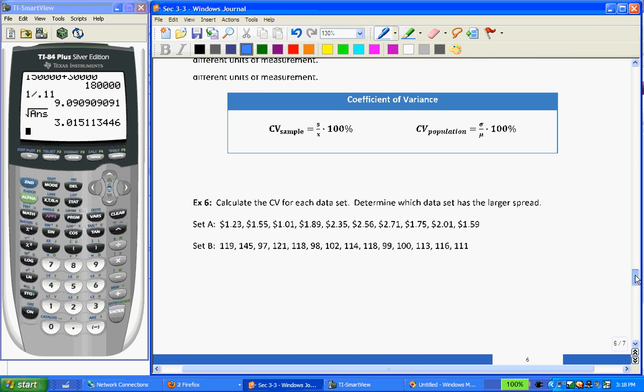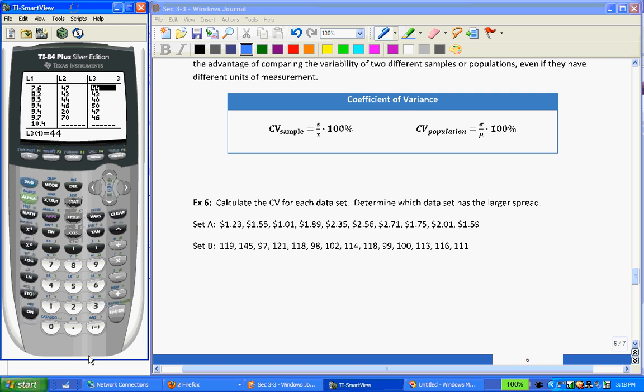So I'm going to go ahead and put this in my calculator like before using my stat edit feature because it'll give me the mean and standard deviation right away. And remember, you can go up and clear if you highlight the list name and come back down. So we have 1.23, 1.55. Okay, so there's my first list entered in.